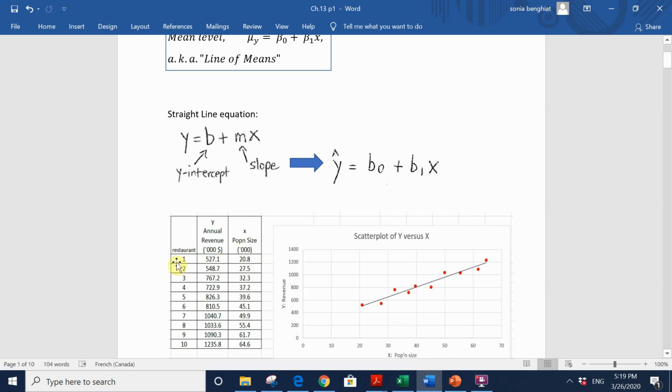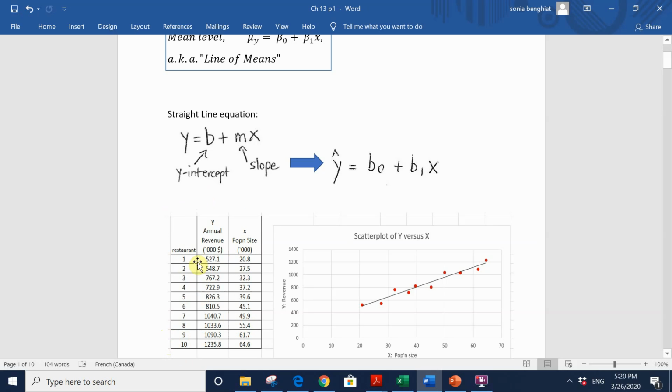Okay, and so if we wanted to come up with a simple linear regression model over here that could relate the annual revenues of a restaurant to the population size where that restaurant is located, well, we would start by taking a sample of size n. In this specific example here, we are looking at 10 restaurants. So 10 randomly selected restaurants out of a population of size uppercase N. We don't know exactly how many there are.